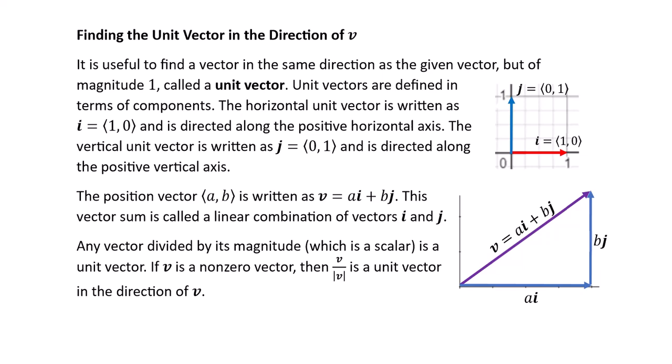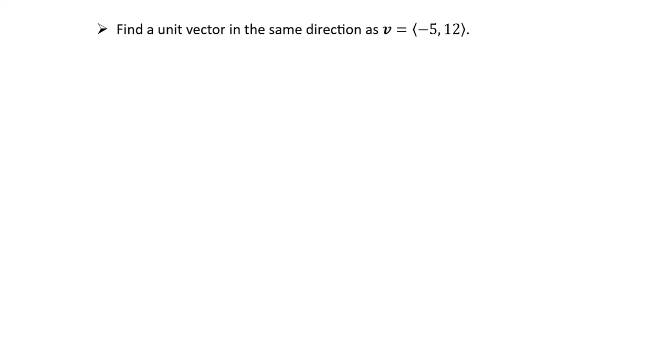Any vector divided by its magnitude, which is a scalar, is a unit vector. So if v is a non-zero vector, then v over its magnitude is a unit vector in the direction of vector v. Find a unit vector in the same direction as v equals ⟨-5, 12⟩.